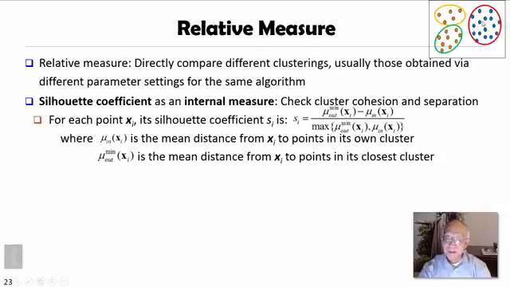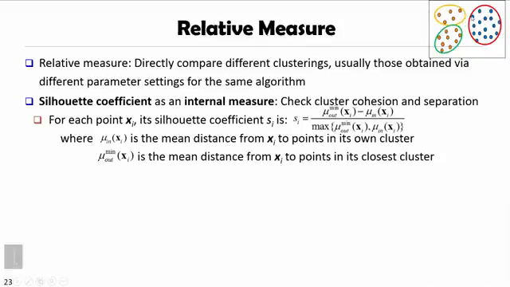We get a mean distance, that's mu sub in. Then what does mu sub out mean? That means we take this blue point and look at its closest cluster, which is this orange one. For all the points in its closest cluster, we calculate the mean distance. That's this value, mu sub out.